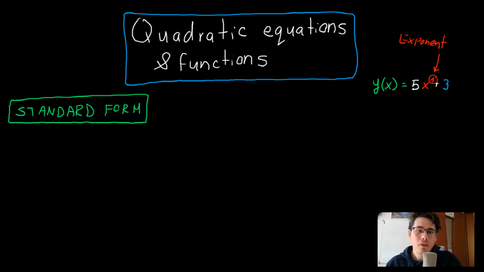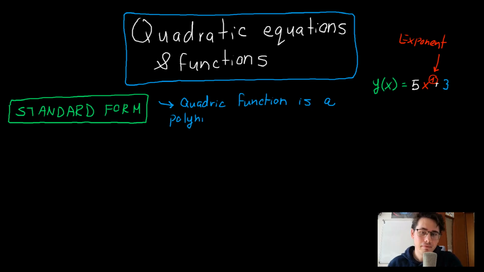Yeah, so we can at least write down a very simple definition, that a quadratic equation or quadratic function is a polynomial, more on that later, where the largest exponent is 2.